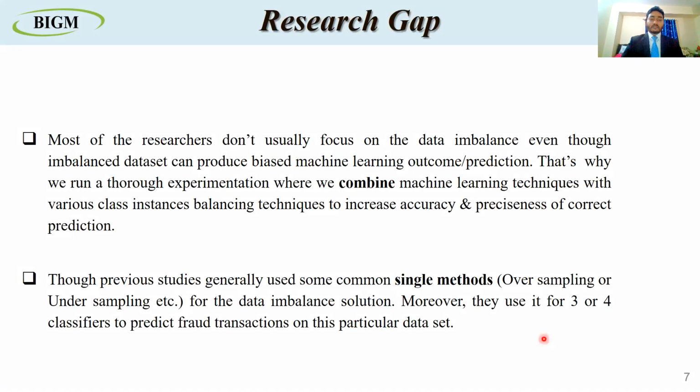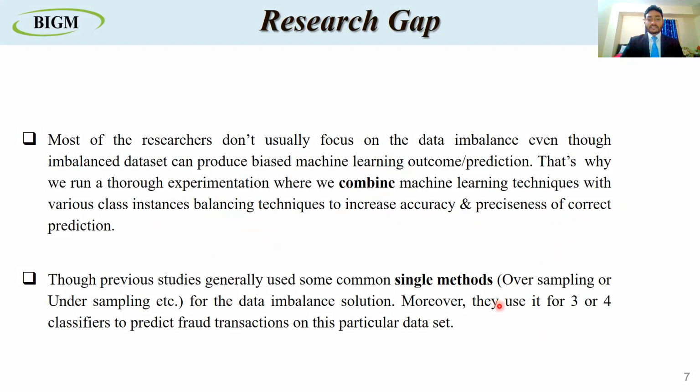So from this discussion, we can come up with the following research gap. Most of the researchers don't usually focus on the data imbalance, even though imbalanced data can produce biased machine learning outcome or prediction. That's why we run a thorough experimentation where we combine machine learning techniques with various class instances balancing techniques to increase accuracy and preciseness of correct prediction.